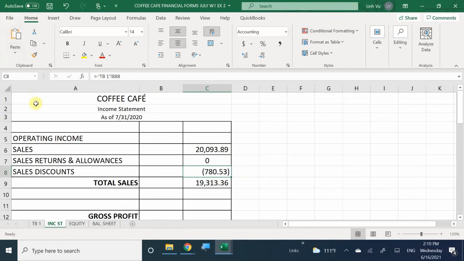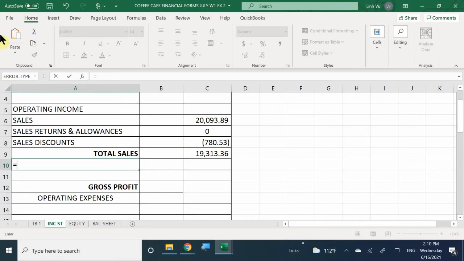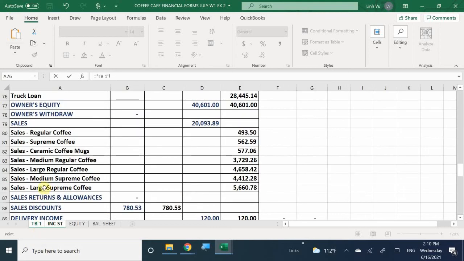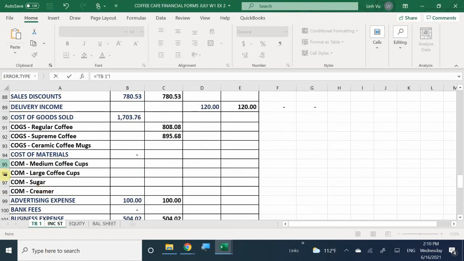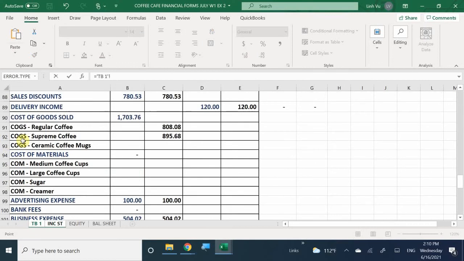All right. Now, how do we get our gross profit? Cost of goods sold and cost of materials. Those are directly correlated to your actual earned revenues, right?